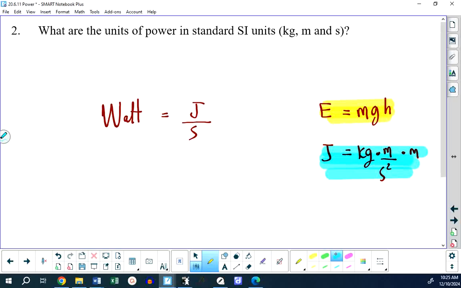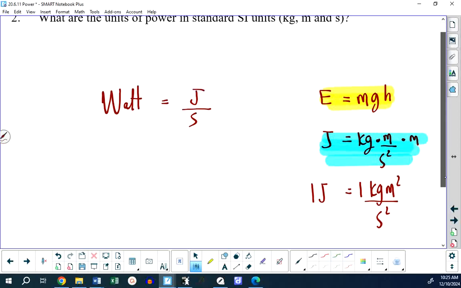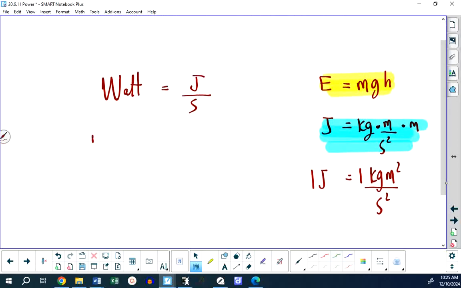It says that 1 joule is equal to 1 kilogram meter squared per second squared. Well, that means that a watt is equal to one of these, a kilogram meter squared per second squared over a second.